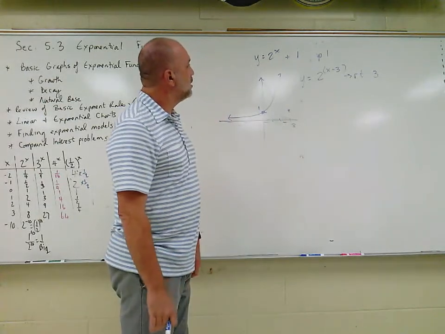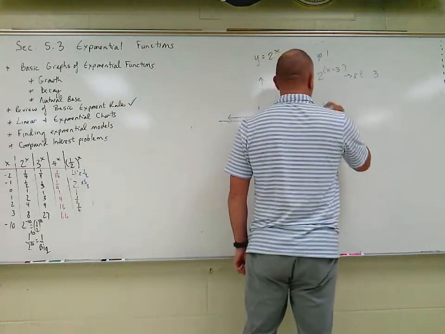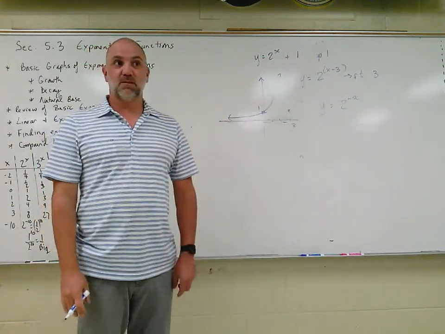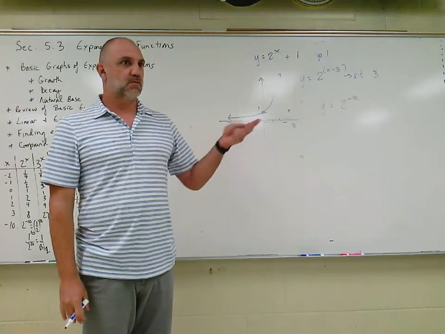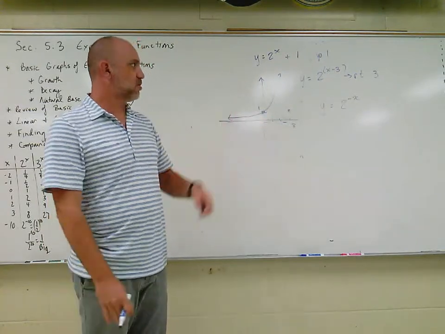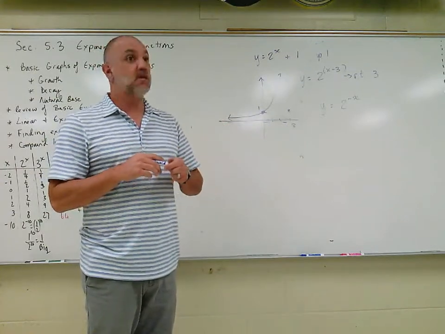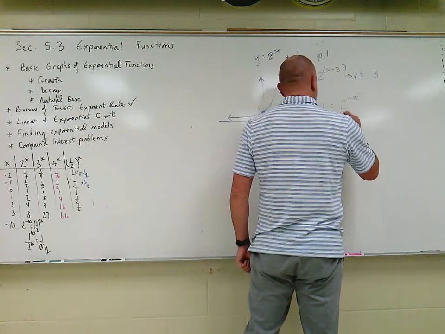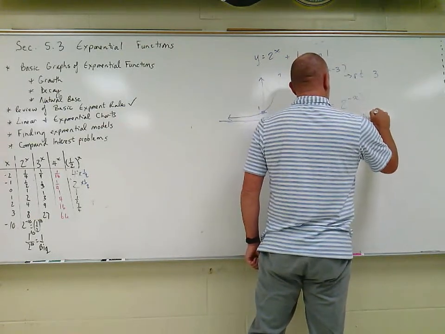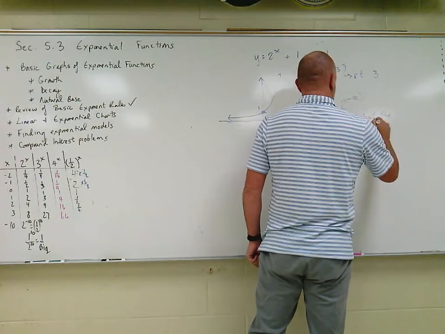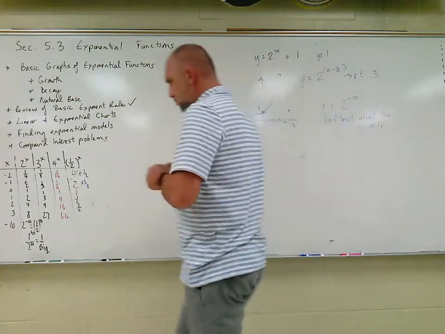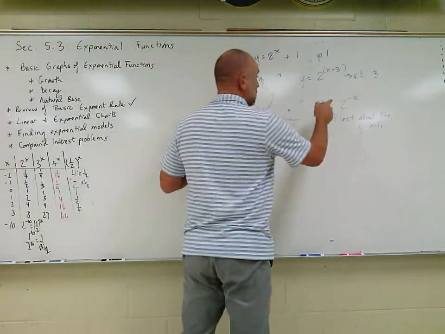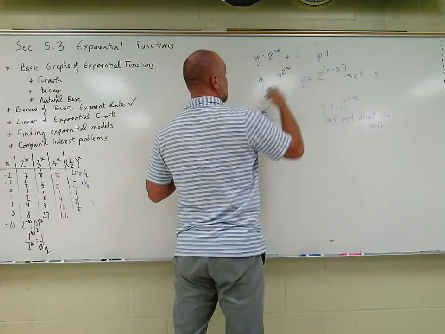What would happen if I did a negative in with the x? It flips about the y. Yes, that's right. If you negate your exponent, it reflects about the y-axis. And if the negative is in front of the base, it reflects across the x. Notice 2 to the x right now is growth.